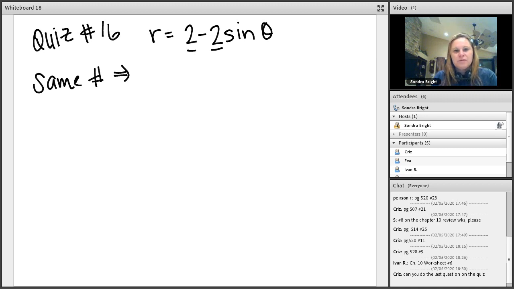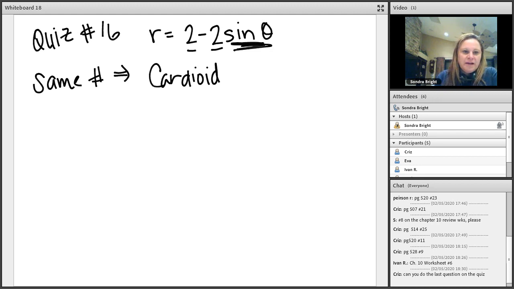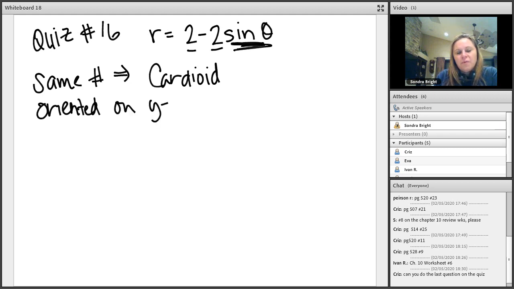Womp, womp, womp. So it's a cardioid. It means it's the heart-shaped one, but with a rounded butt. Sine means that it's going to be oriented on the y-axis. I'm just going to call it the y-axis. I know in polar we call it the theta equals pi over 2 axis, but whatever.